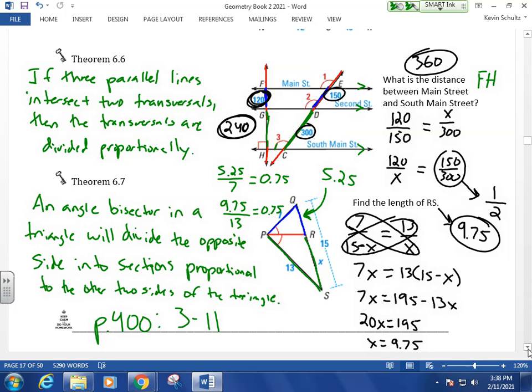I feel like anything else today? Oh, any review questions might have you? Oh, number 24. That's a good one. I've done that one before. So 3 through 11, number 24, and then that will be it. Okay. So page 400, 3 through 11, and 24 homework due on Tuesday.